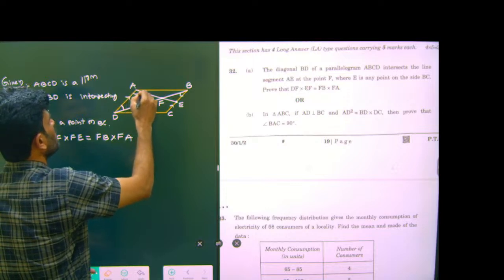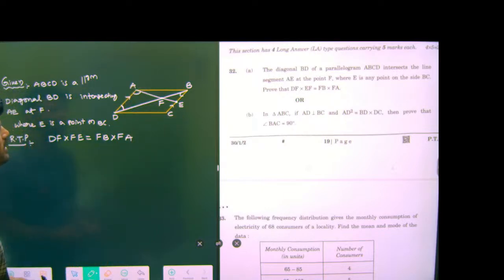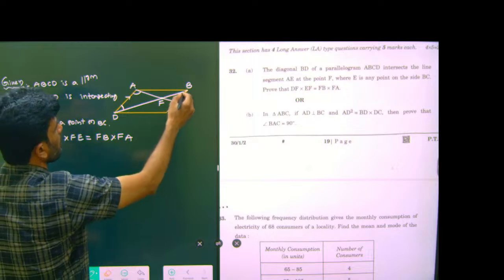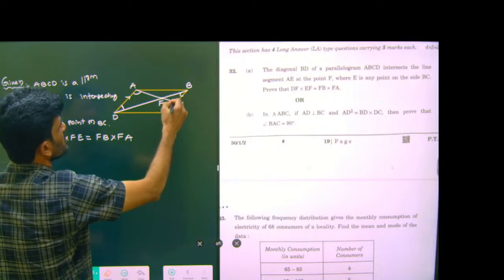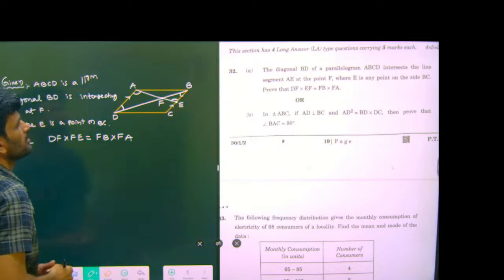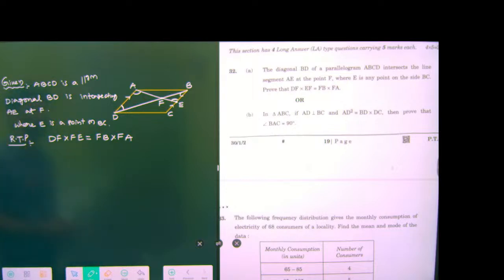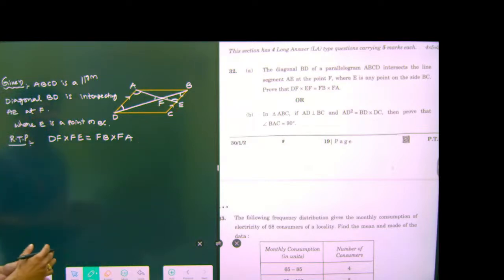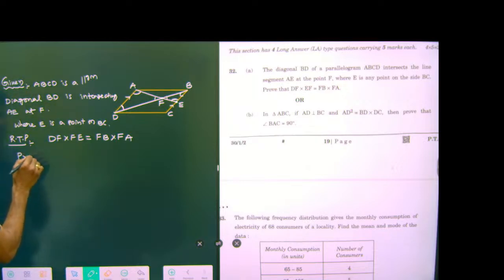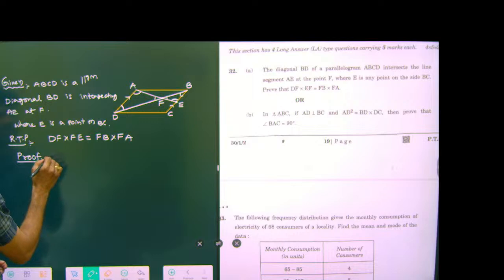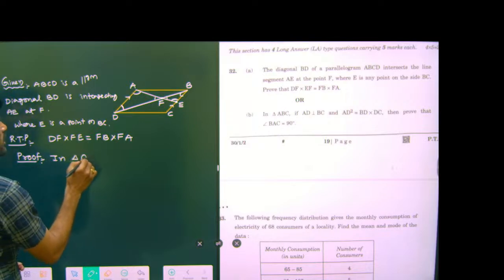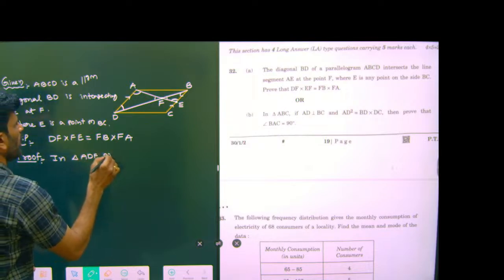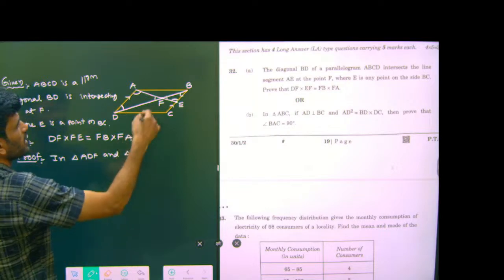Similarly, angle DAF is equal to angle BEF, because these two are also alternate interior angles. And then these two are also vertically opposite angles. So we can say both the triangles are similar. So in the proof, what do we have to take? You take triangles. In triangle ADF and triangle, what is the other triangle we have here?